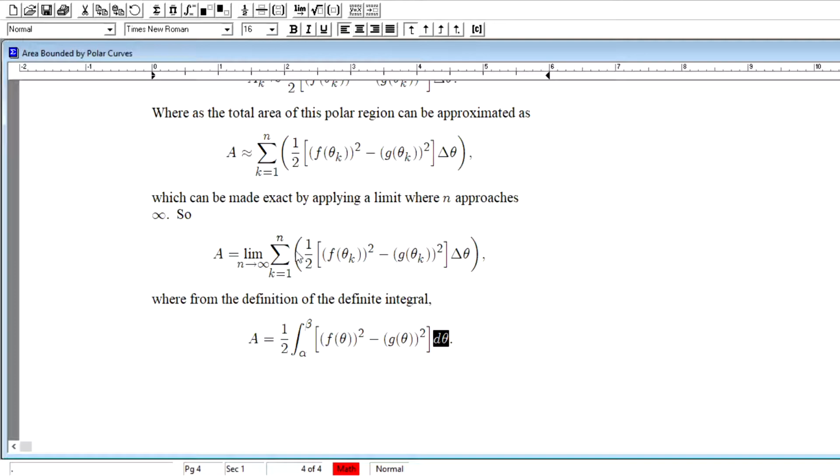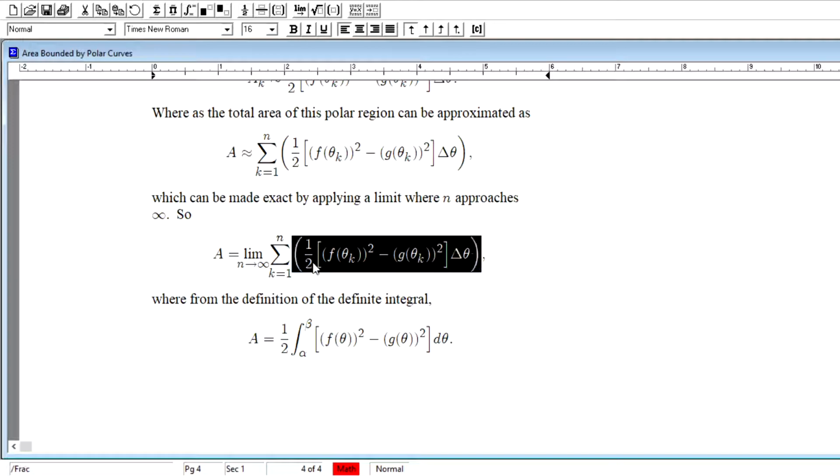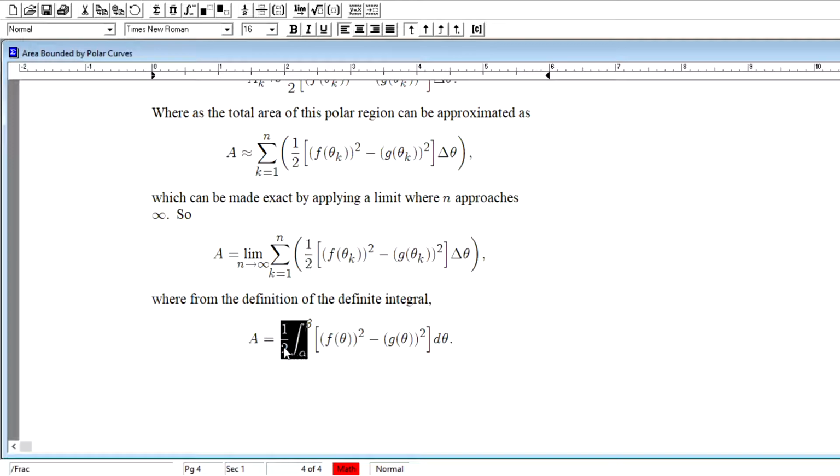And our integrand is what remains, the 1/2 times this quantity f of theta sub k squared minus g of theta sub k squared, where the 1/2 becomes a constant multiple brought out in front of the integration, and in the f and g values, the theta sub k has the k dropped as a subscript and just becomes variable theta.